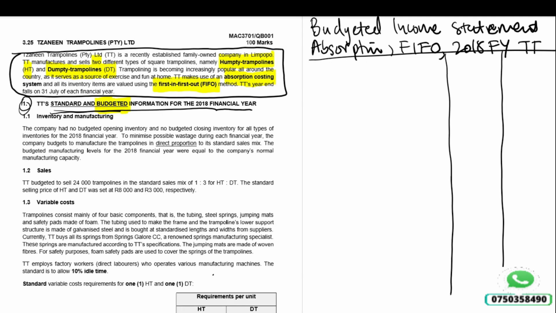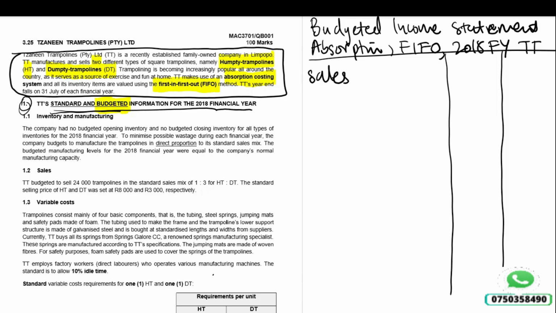It is important that you know how to isolate your information. So we start with our sales. I don't need to read all the information in this question so that I can start. I can actually write sales, then look for the notes that pertain to sales only.